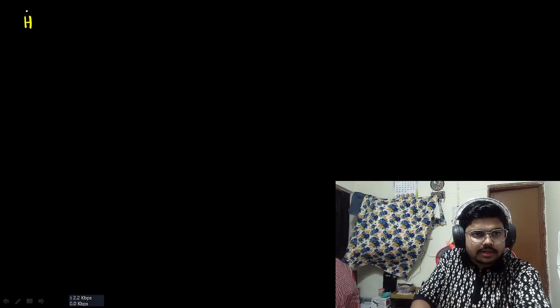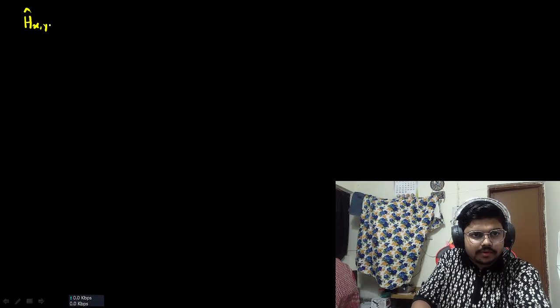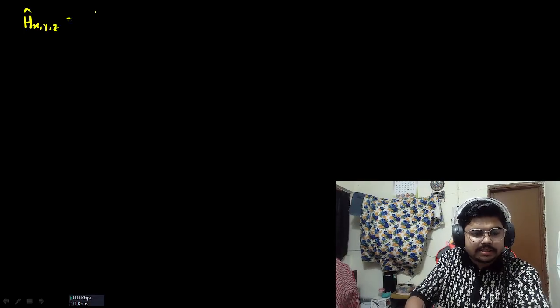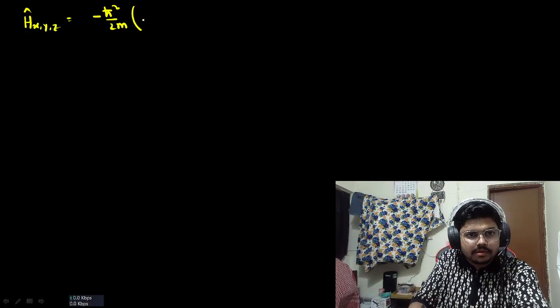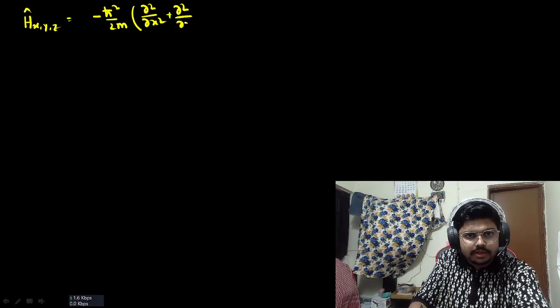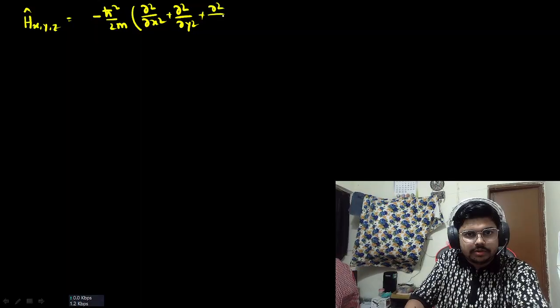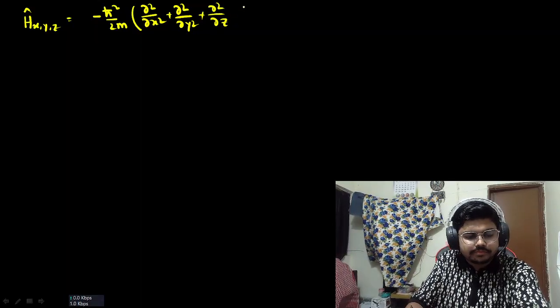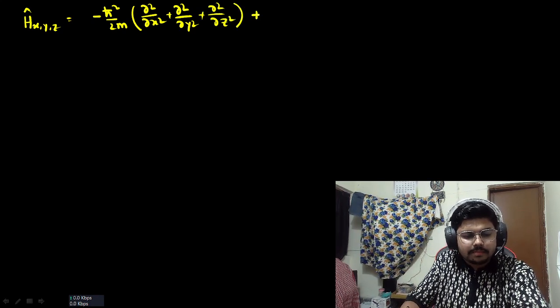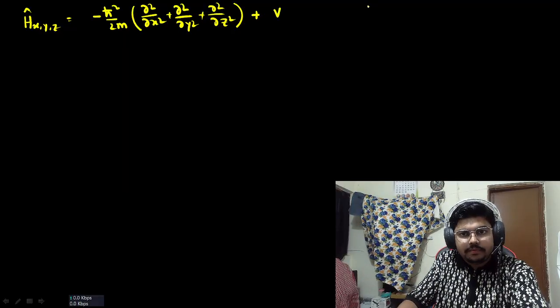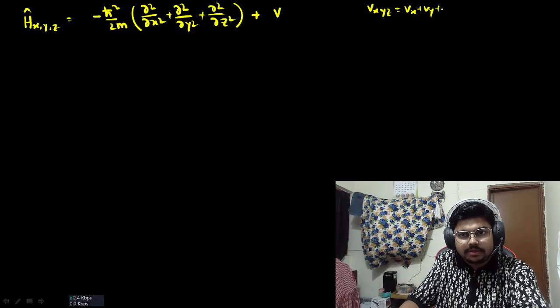So our H cap x y z, if we just rearrange that equation, will be minus h cut square upon 2m times del 2 del x2 plus del 2 del y2 plus del 2 del z2, plus V of x y z, which is equal to V of x plus V of y plus V of z.